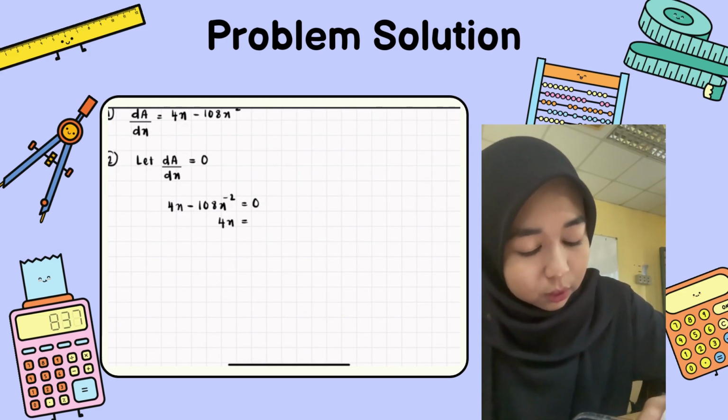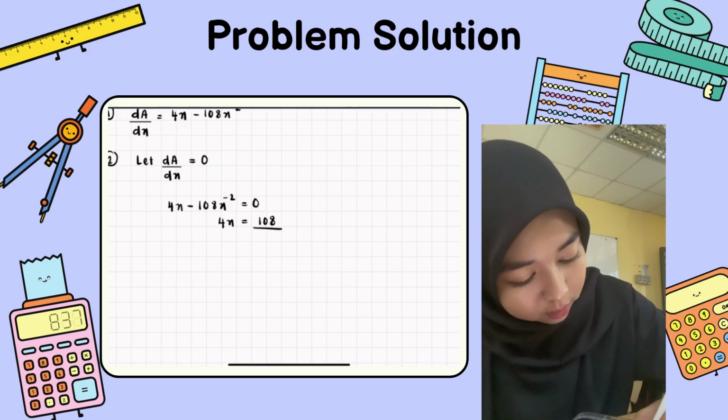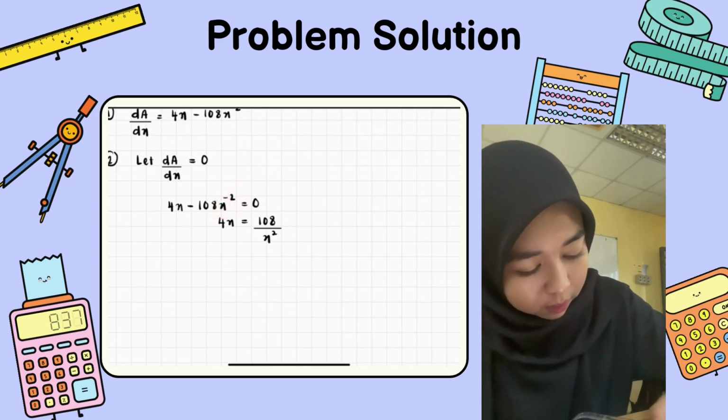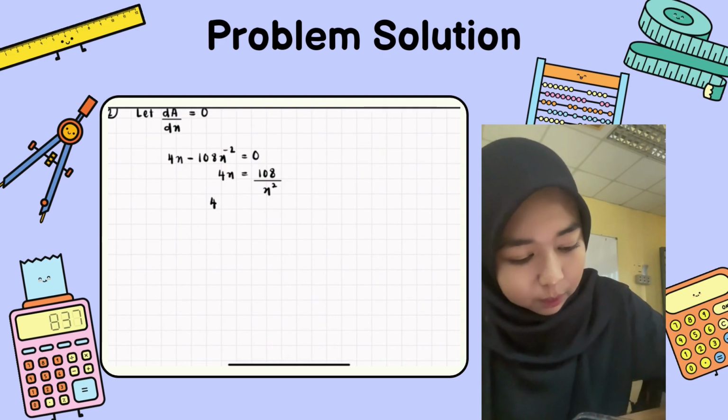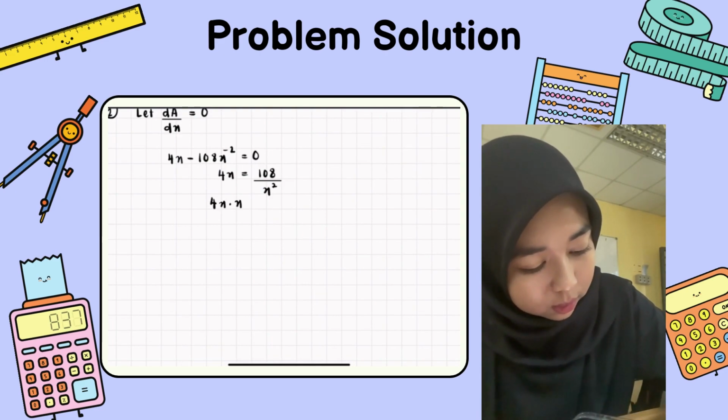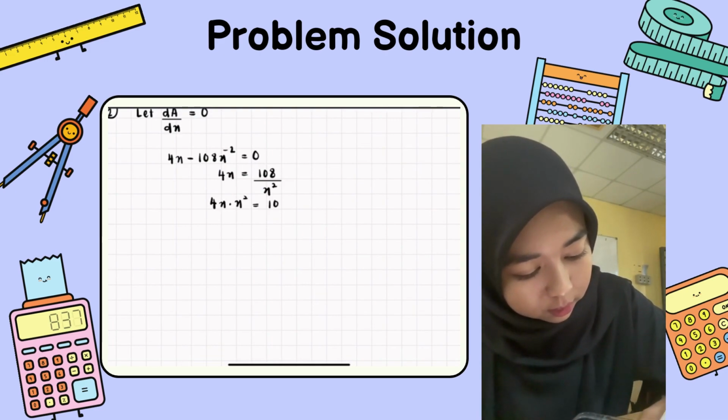From this, we need to find the value of x. So 4x equals 108 over x squared, because we bring x to the power of negative 2 down. So 4x multiplied by x squared equals 108.